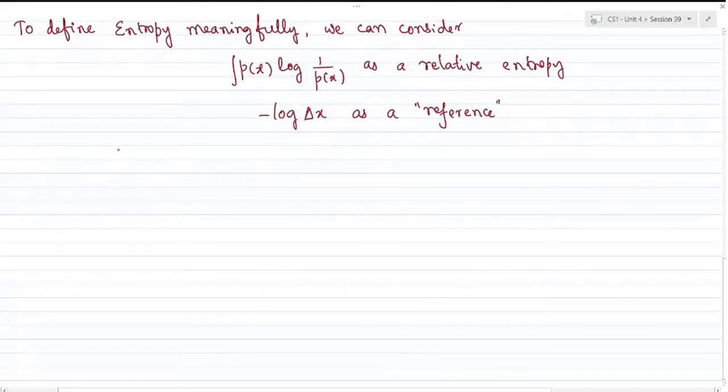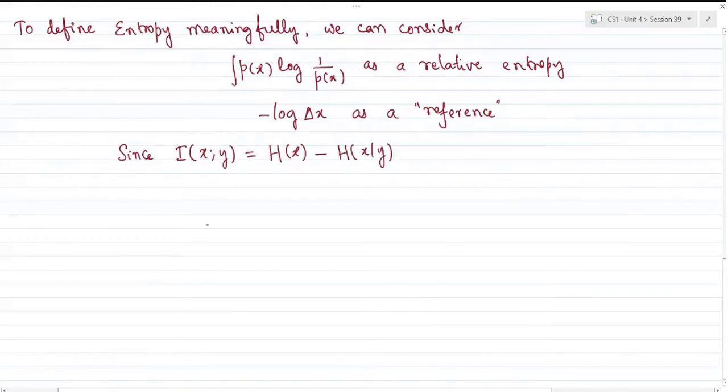So we have defined mutual information I(X;Y), which is the difference of the source entropy minus the conditional entropy, which is H of X given Y. If we define the same reference to define H of X and H of X given Y, then definitely the difference of these two quantities will cancel out the reference.